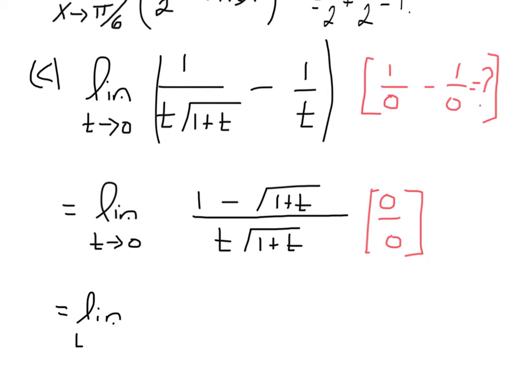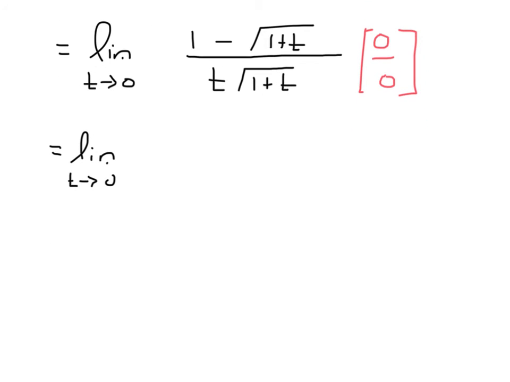This is going to be the limit as t tends to 0 of, alright, so just rewrite what we already have. 1 minus root 1 plus t divided by t root 1 plus t, and to rationalize, we are going to multiply numerator and denominator by the conjugate of what we see in the numerator here.